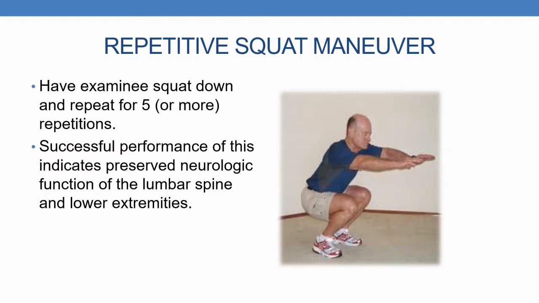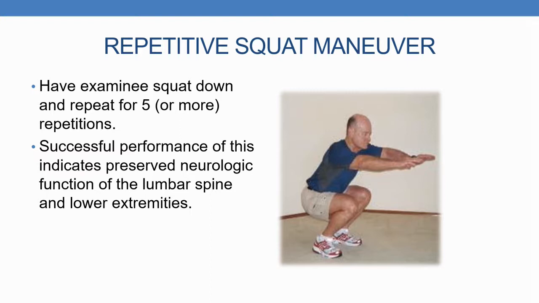I do this with my examinee, and I do this in order to show them that the repetitive squat maneuver should be really no big deal, unless there's some sort of reason that would prevent repetitive squat, such as a lumbar spine pathology, a knee pathology, etc. In general, the examinee should be able to complete 5 to 10 body weight repetitions of the repetitive squat maneuver, and I indicate that to them by performing them side by side with them.